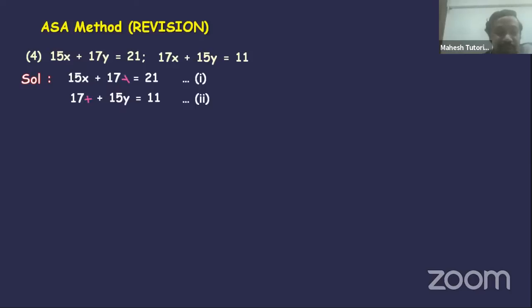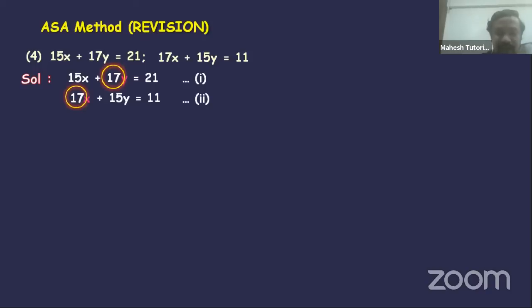Moving further. Now students, tell me what is the coefficient of y in the first equation? 17. All right. Tell me what is the coefficient of x in the second equation? 17. It means जो इक्वेशन 1 में y के साथ था वो इक्वेशन 2 में x के साथ हो गया. Am I right? All right.